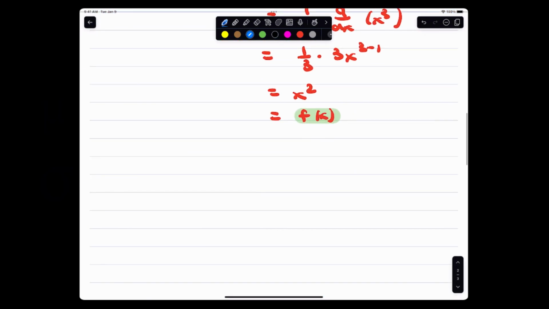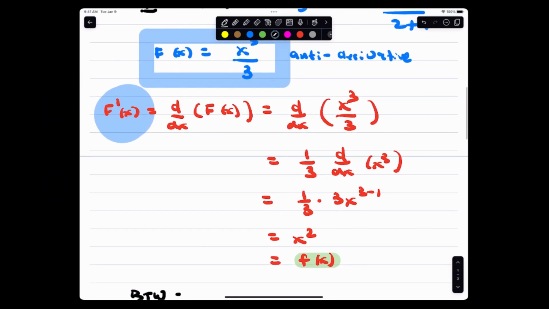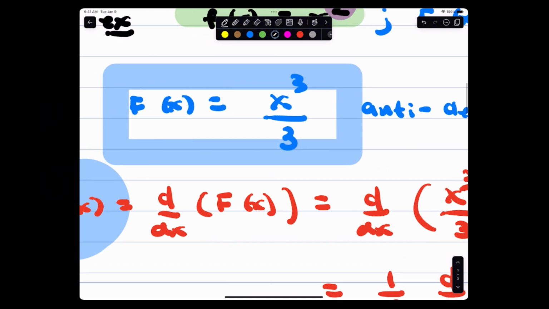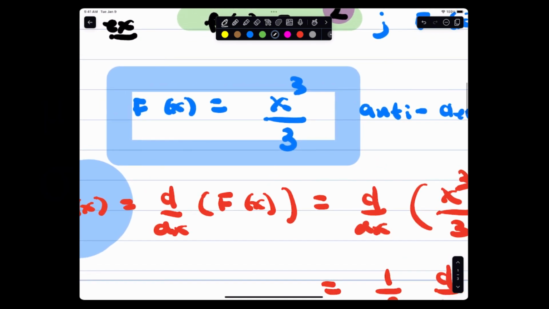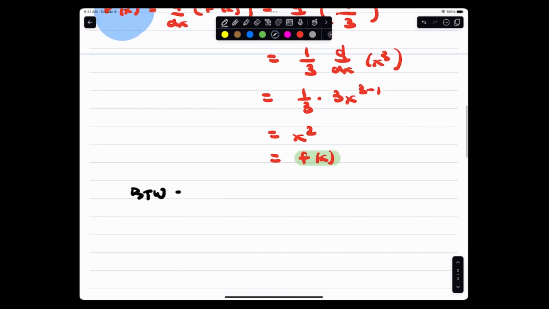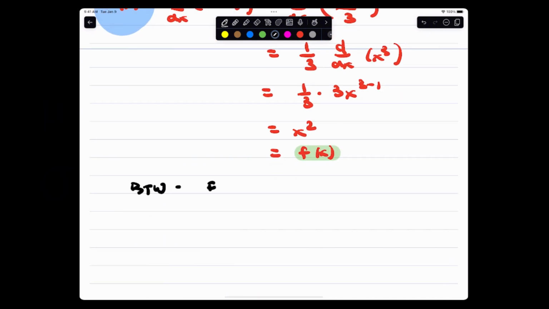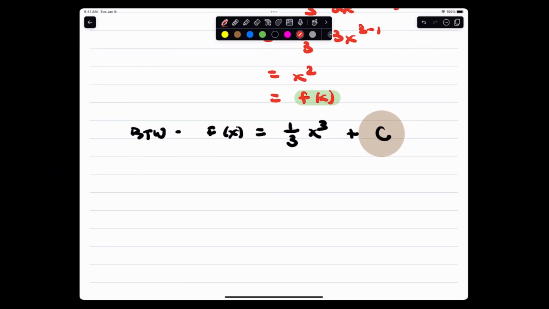Well, and I'm going to give you guys another note, and I say, by the way, maybe. This is something we're also going to get used to, okay? If I know the antiderivative is x cubed over 3, or 1/3 x cubed, right? For that original function. Do you guys know what is also an antiderivative? I can add a constant c, okay? This c is going to be something we're going to have to get used to. C is just a constant. That's a fancy way of saying what?